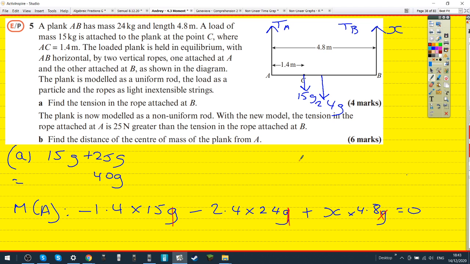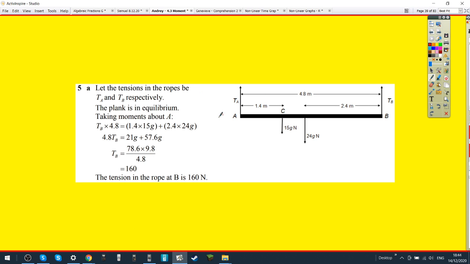I got 53/4. And there's a decimal. Yeah, I got 13.3. Equals X. So that's going to be newtons. Let's see what they did. They took moments about A. They did B times 4.8.